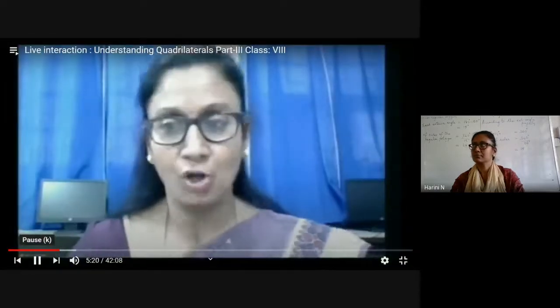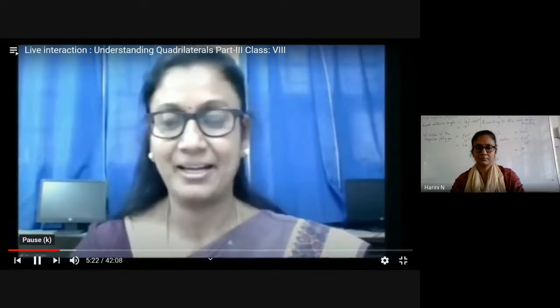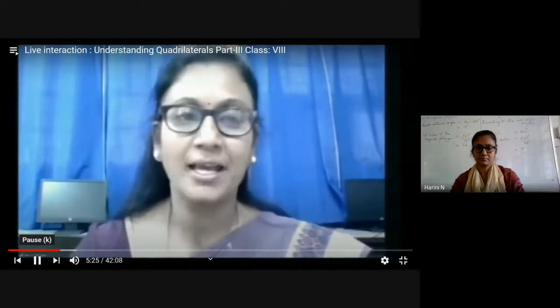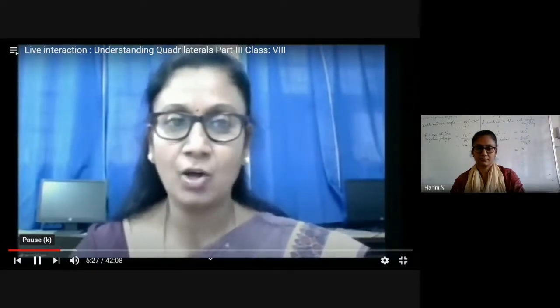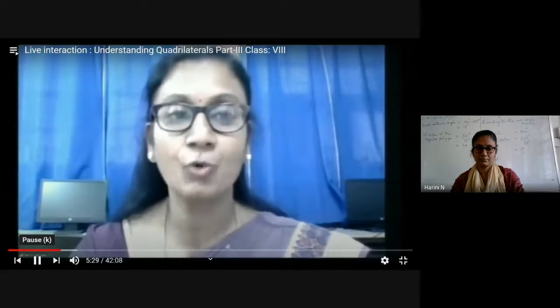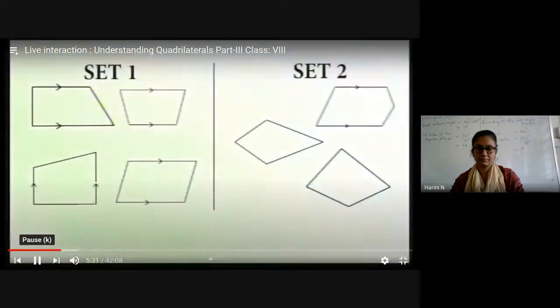Maybe you would also have seen the same observations that I'm going to tell you. In set 1, all these polygons are four-sided polygons, which we have already described as quadrilaterals. And there is something extra: there are some arrow marks put here.